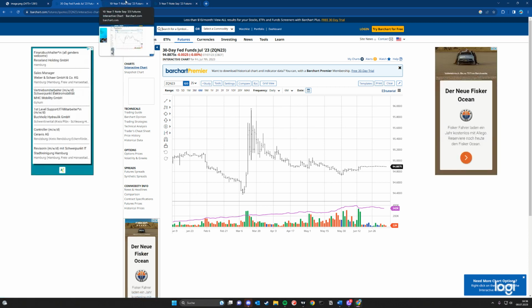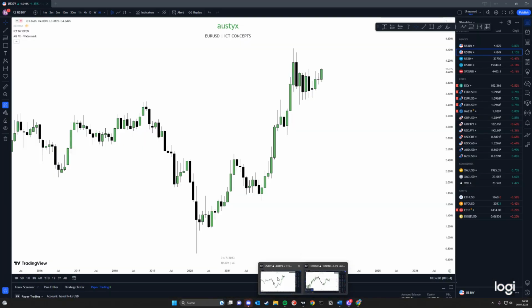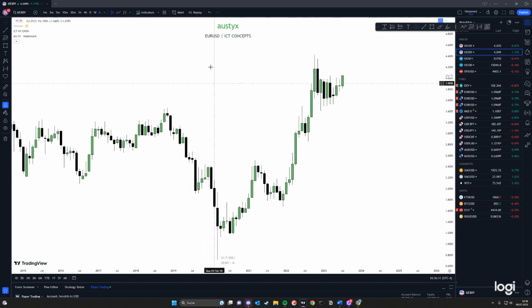For this, we look at the 30, 10, and 5-year bond market. The 30-year is the key long-term interest rate, the 10 years the intermediate term, and the 5 years the short-term interest rate.